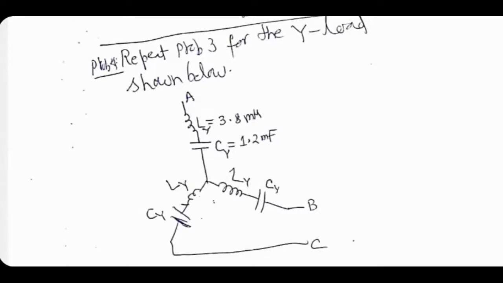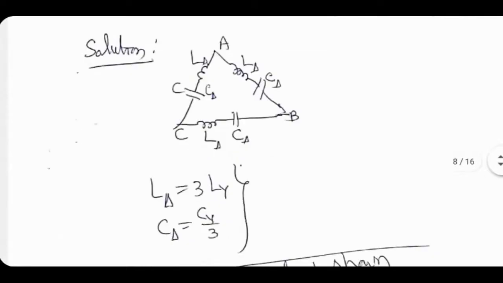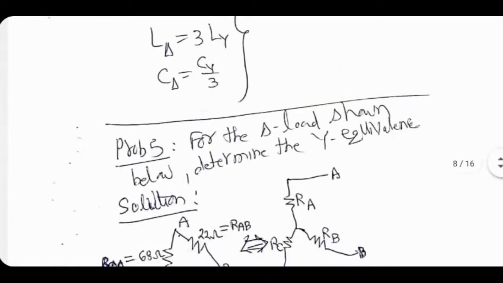So impedances have to be multiplied by 3 because it's a balanced load, no question about that. And the answer is given here. Inductance will go up by a factor of 3 and capacitance will go down by a factor of 3. I hope you see that point. If not, I will probably give you a detailed solution to this problem.